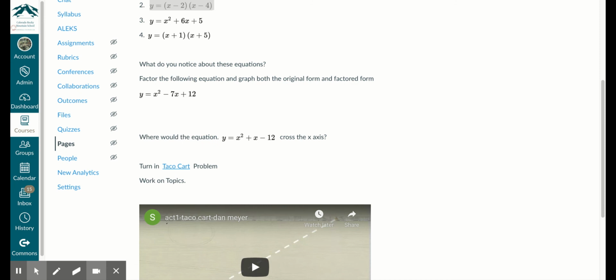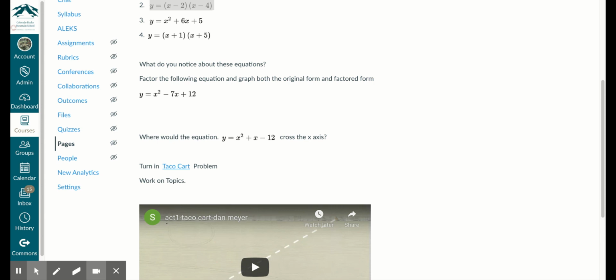And you can see my intercepts are at, whoops, that was supposed to be plus x. My x-intercepts are at, and you can see them pop up right there. Cool.